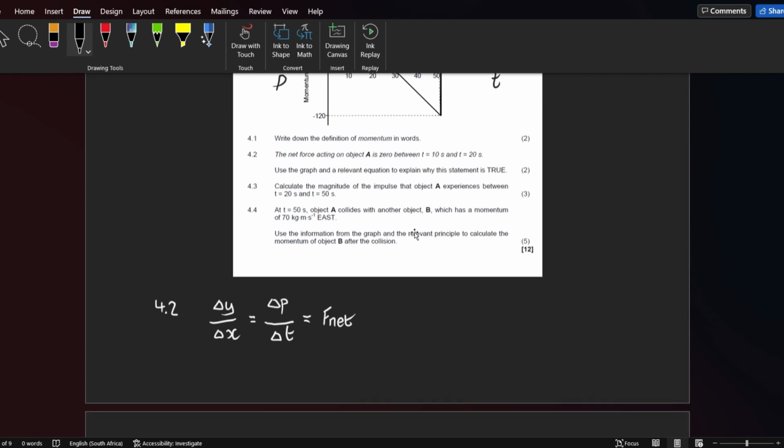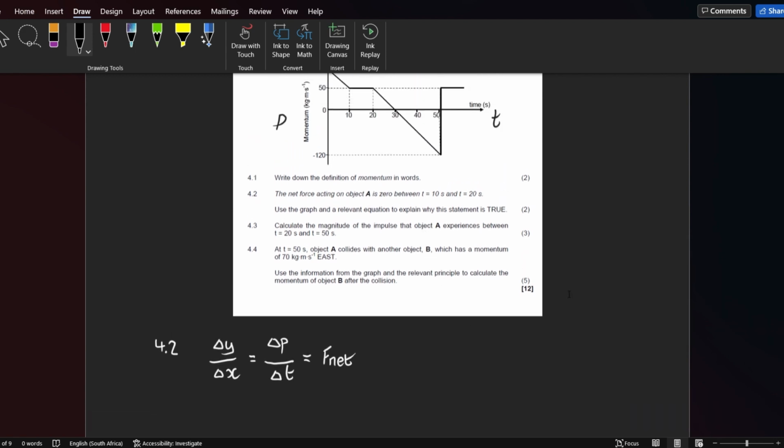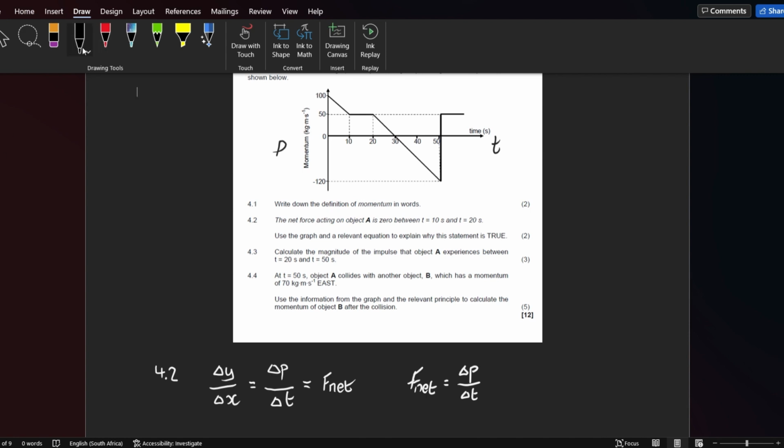And using the relevant equation, again, we're going to use the same equation. So we have the net force, F net, is equal to the rate of change in an object's momentum.